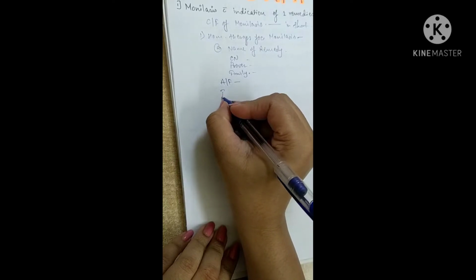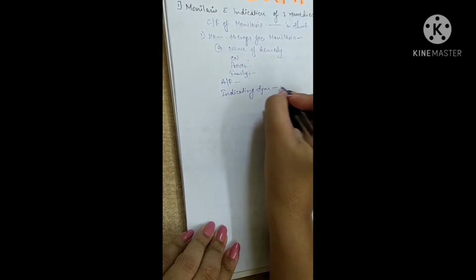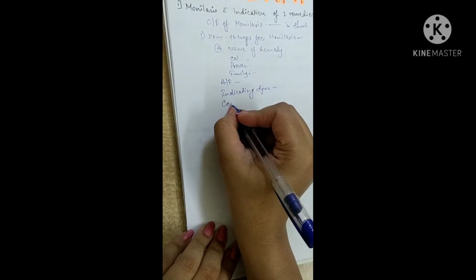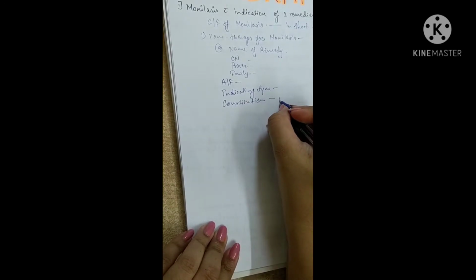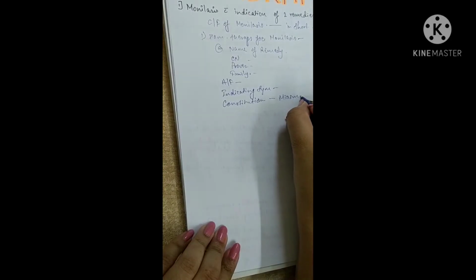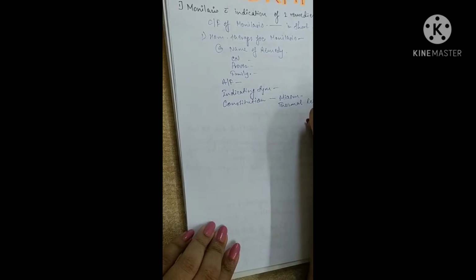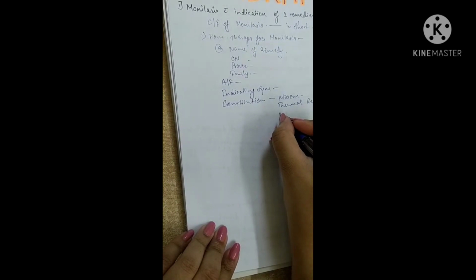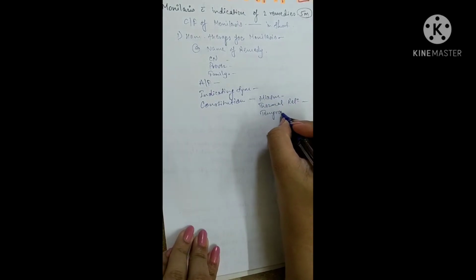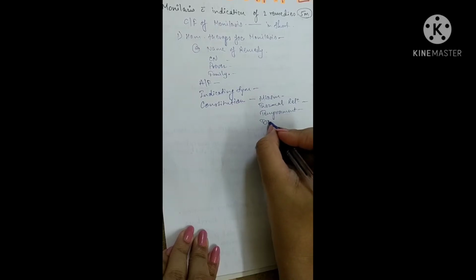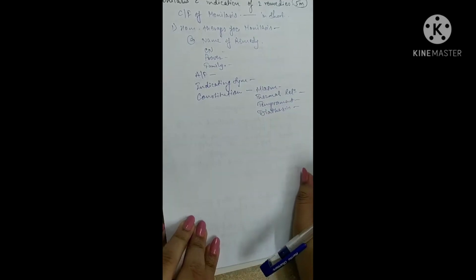Then indicating symptoms you have to attend. Then write the constitution. In constitution you have to write miasms, then thermal relation, then temperament, and if you remember the diathesis of that remedy, then you can write the diathesis also.